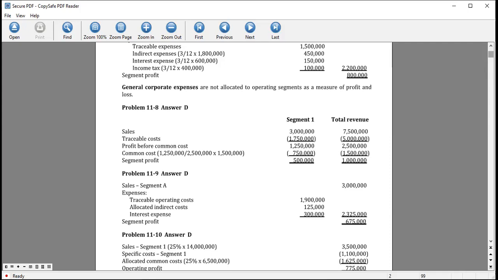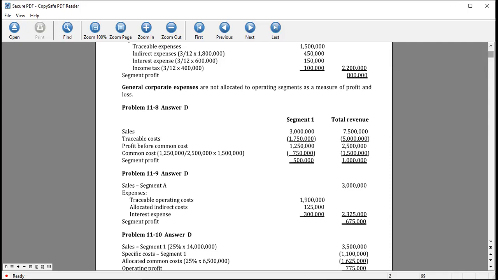Total revenue as the basis is 1 million, while that of segment 1, the basis is 500, or is 1 million total revenue. Segment 1, segment profit is 500,000.